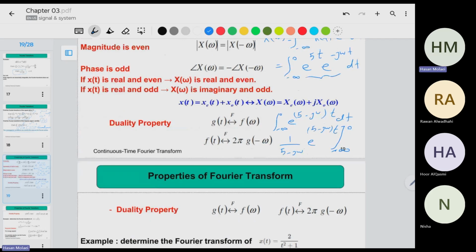If I replace t by 0, it would be 1 minus, if I replace t with minus infinity. Why 0?